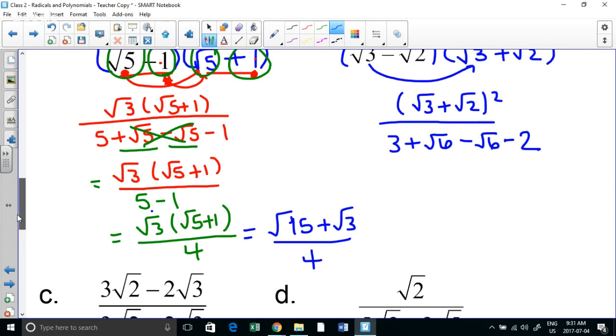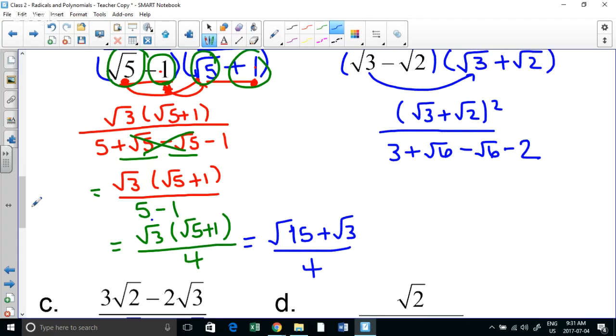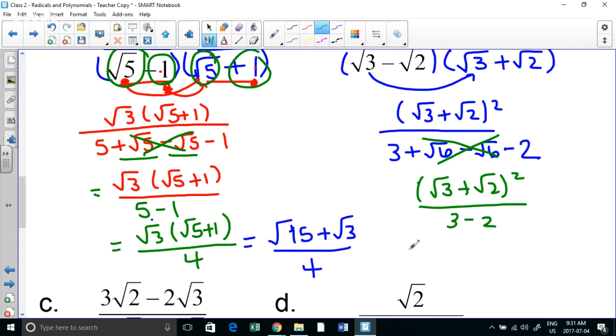What happens here is that I'm adding something and I'm subtracting something, so those things go away. So I end up with the root of 3 plus the root of 2 all squared. And I just have 3 minus 2, which we know is just 1. Over 1.